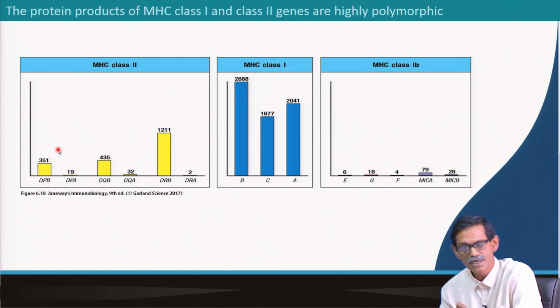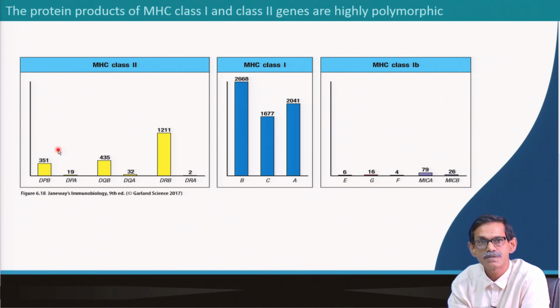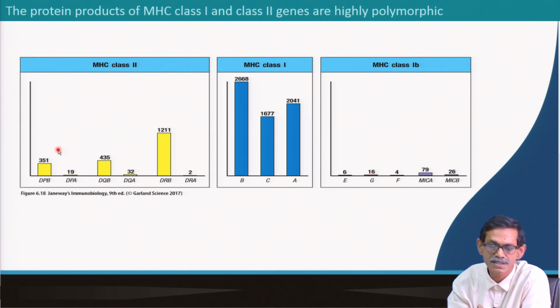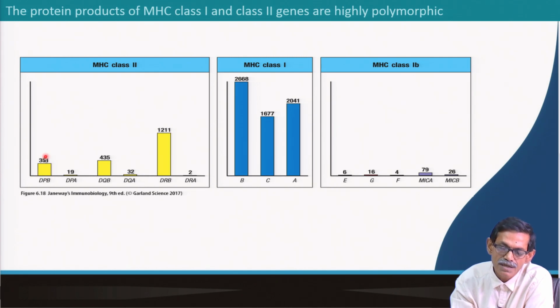A good number of human genomes have been sequenced all over the world, and if you collect all the MHC genes and do the bioinformatics analysis, you can see that the DP beta gene has 351 varieties, and DP alpha has 19.